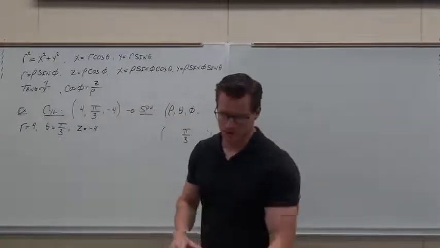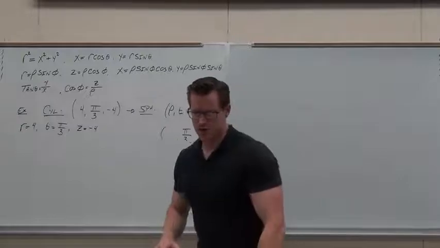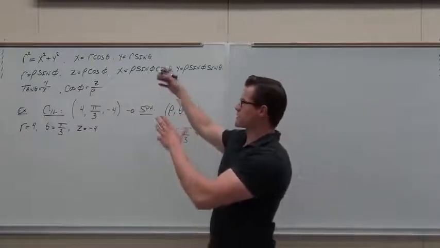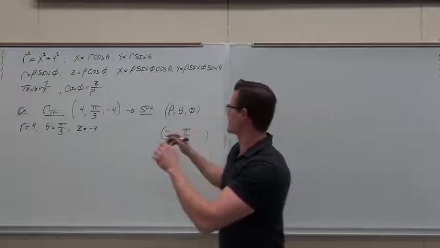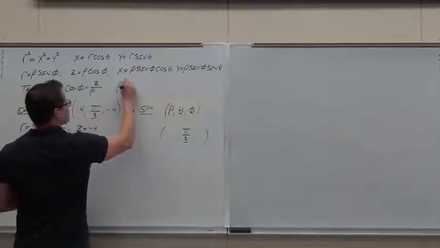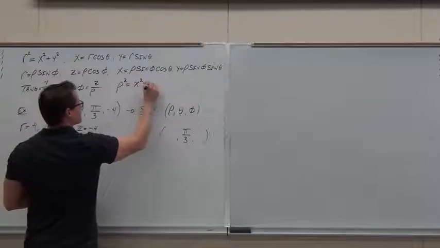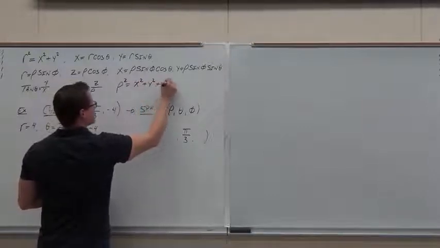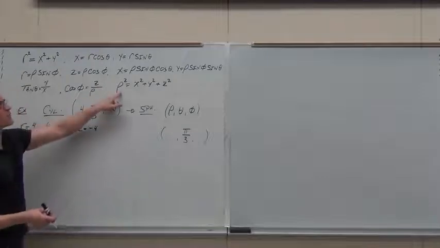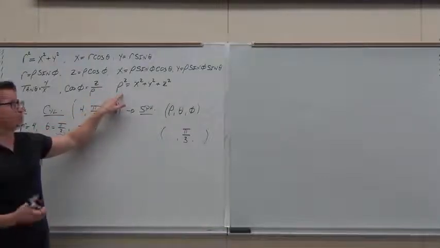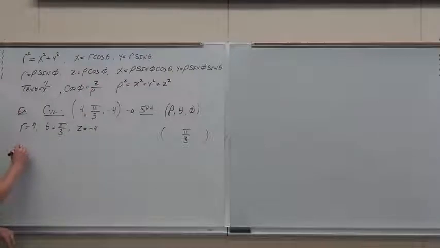Now, as far as the rest of it, you're going to be using some of the same stuff, but there are going to be pieces that relate these two. So for instance, maybe I need rho. That's the only thing that's solved for rho. Let's use that.